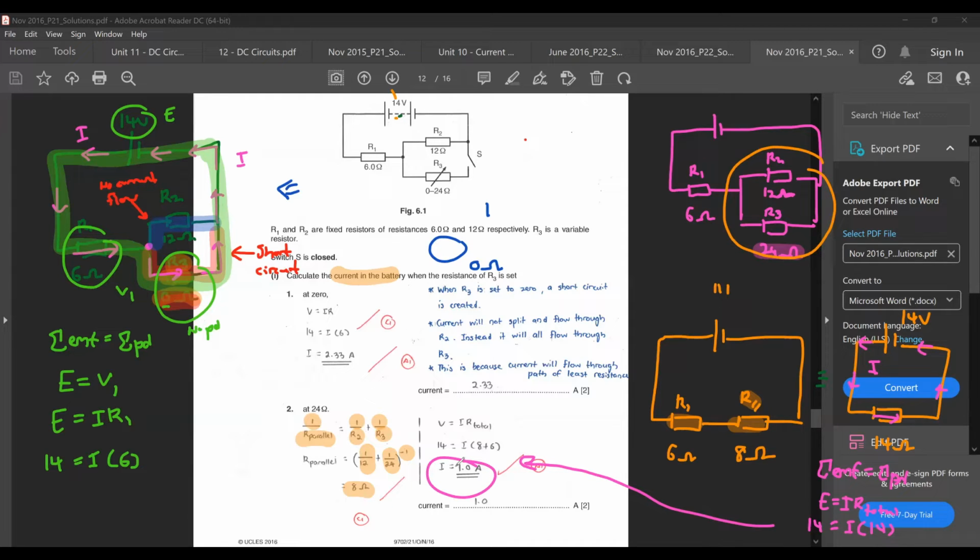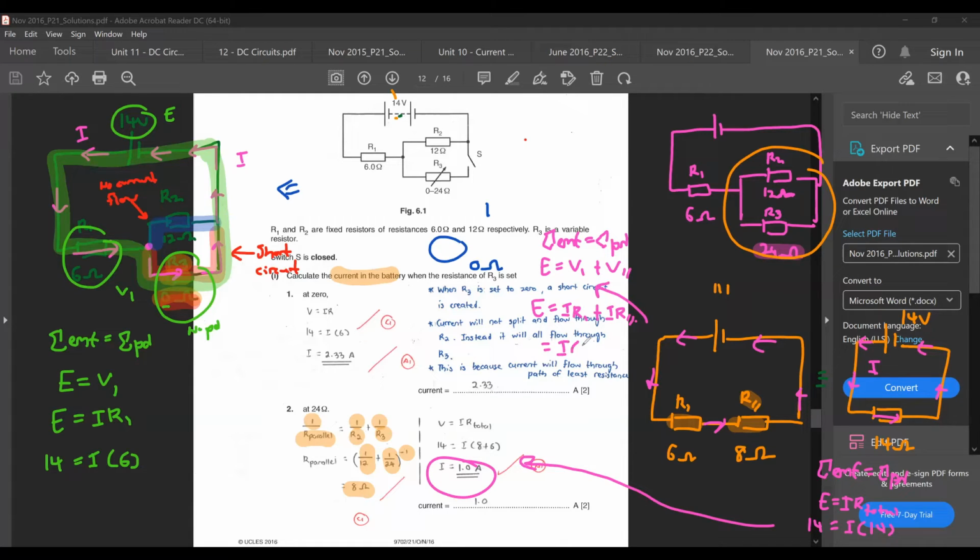Now you can also do it from here if you wanted to. It doesn't matter which one you use. It depends on the person. I can also just say sum of EMF equals sum of PD. E is equal to V1 plus the voltage across the parallel connection. So E is I R1 plus I times R parallel.